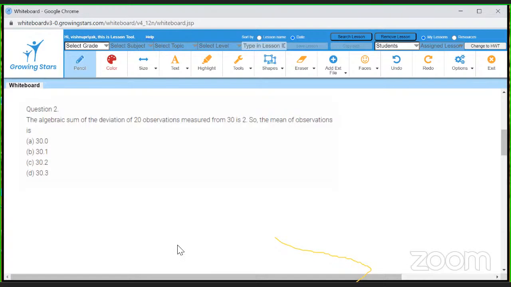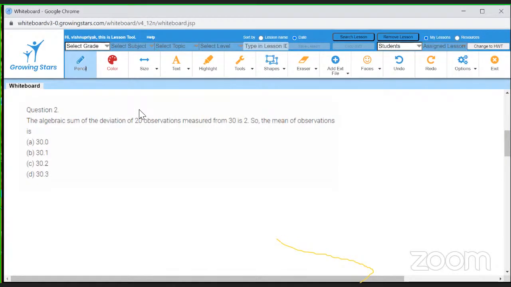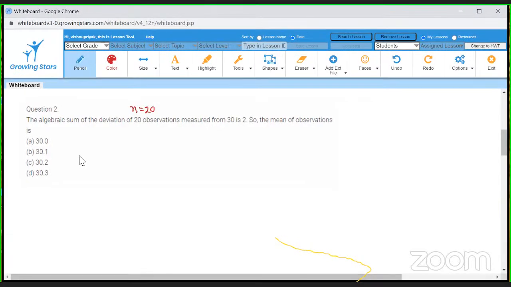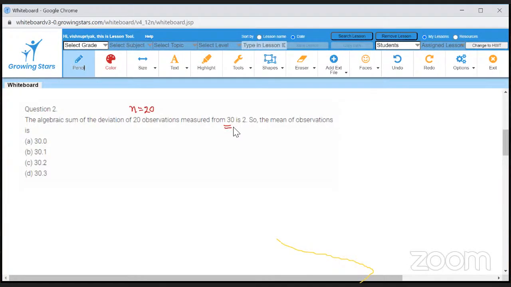Kumar got B, Nuhu A, Lohit B. The correct answer is B. The algebraic sum of deviation of 20 observations, so n is 20. Deviation of 20 observations measured from 30 is 2.